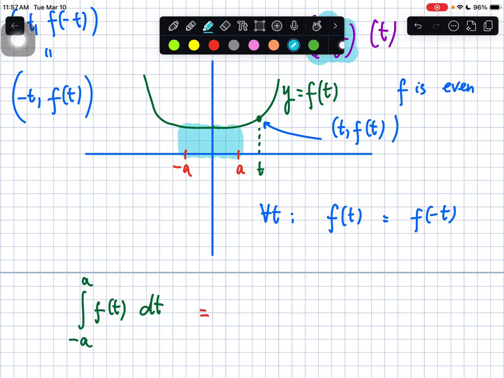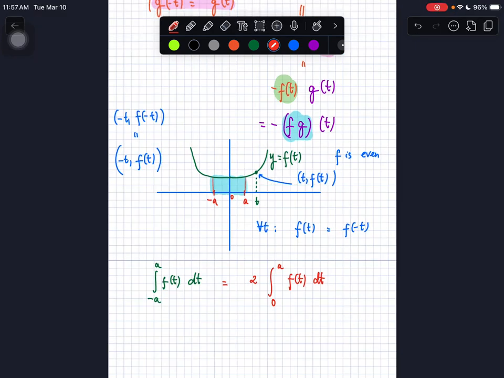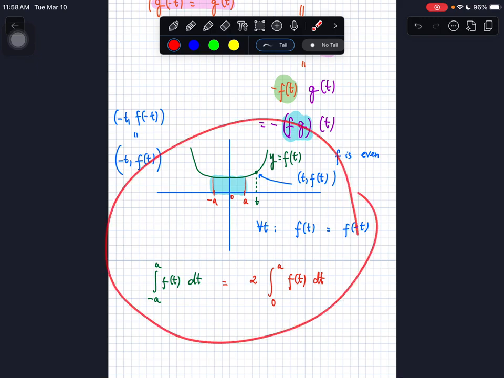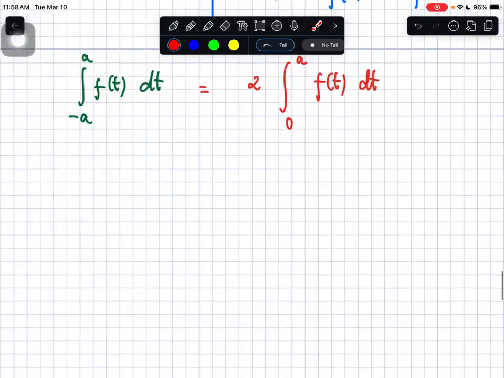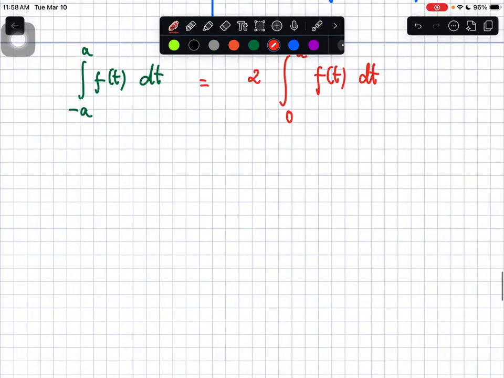So this area, you can do it as 2 times the area under the curve from 0 to a of f(t) dt. So I hope you understand that the integral is actually the area under the curve. The area between minus a and a, you can do it as twice the area between 0 and a.